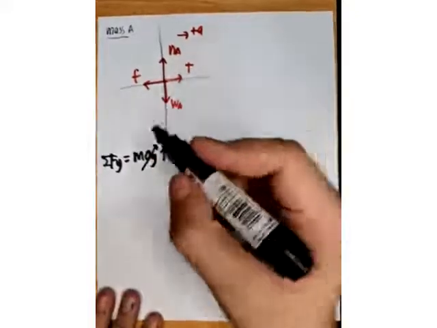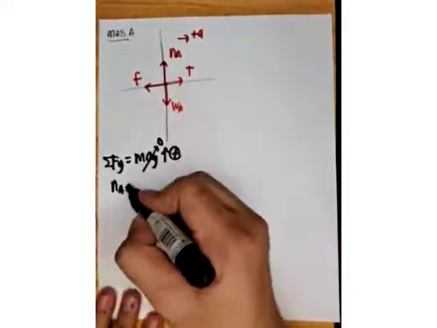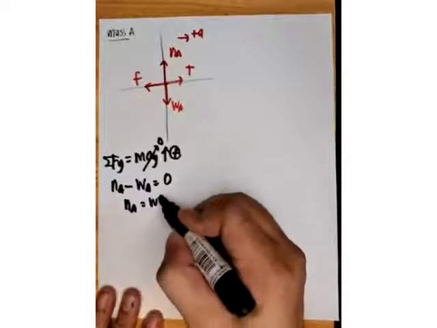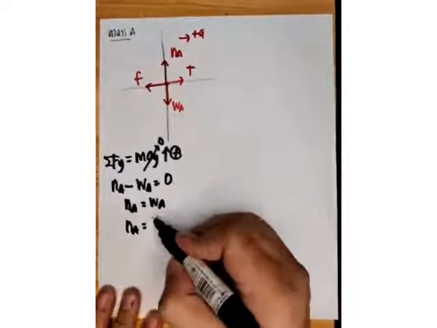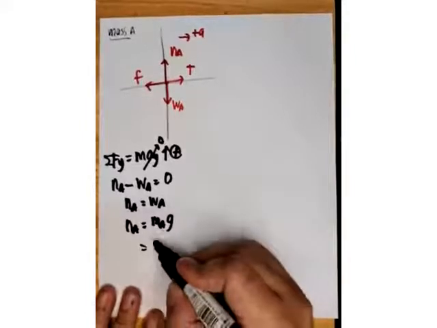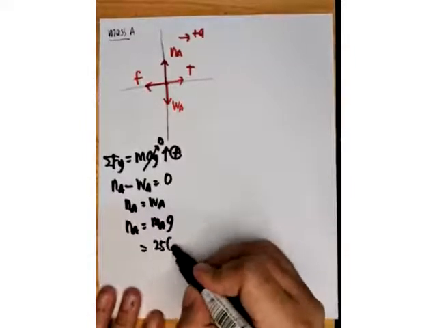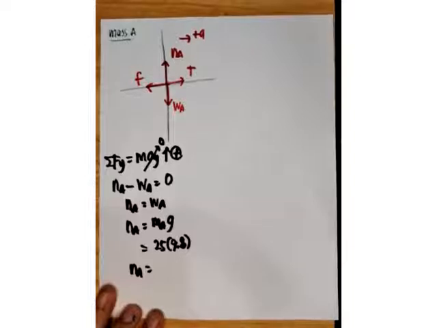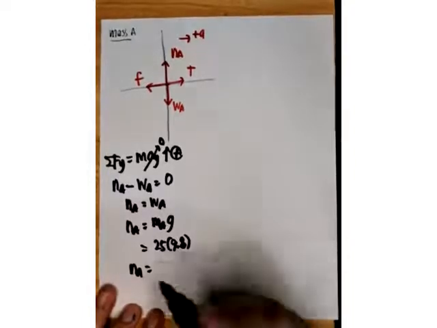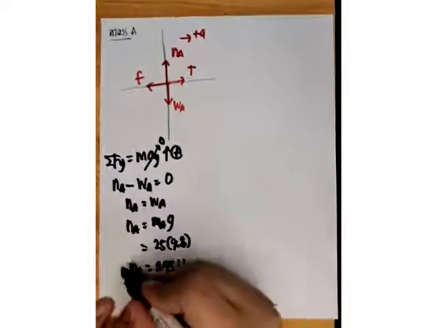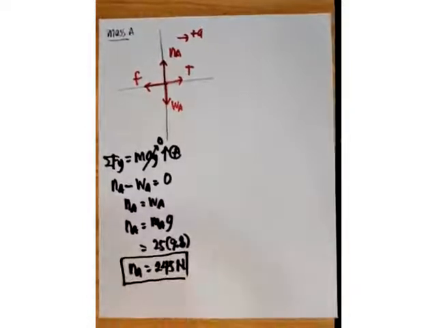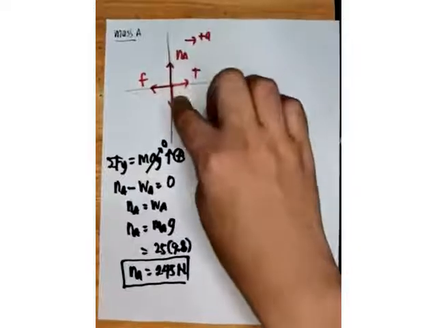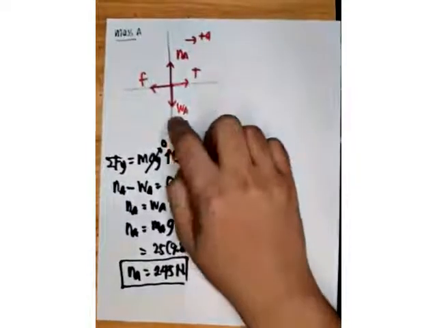So N_A minus W_A is equal to 0, so N_A is equal to W_A, which is mass A times g. That is 25 times 9.8, so the normal force on A is 245 newtons. The only forces acting along Y are N and W.